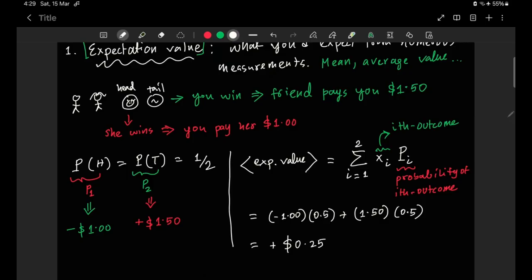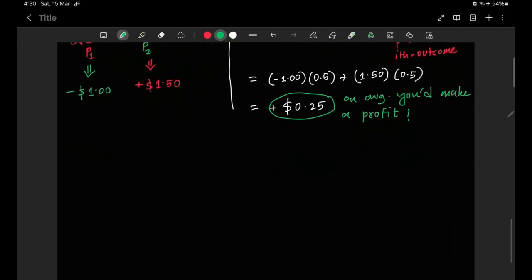Okay, so this means on average you would make a profit if you were to play the game. So what would that profit be? Let's say you play the game twice. Two games, and let's assume that you win one and you lose one.